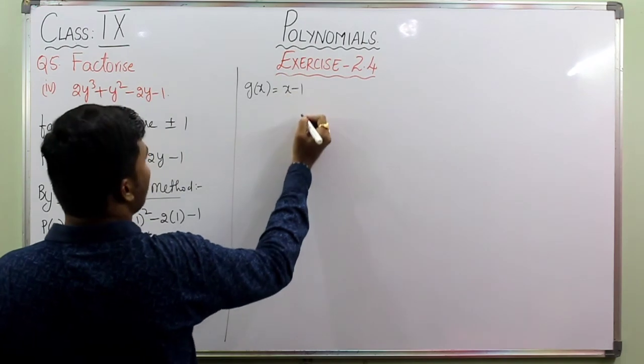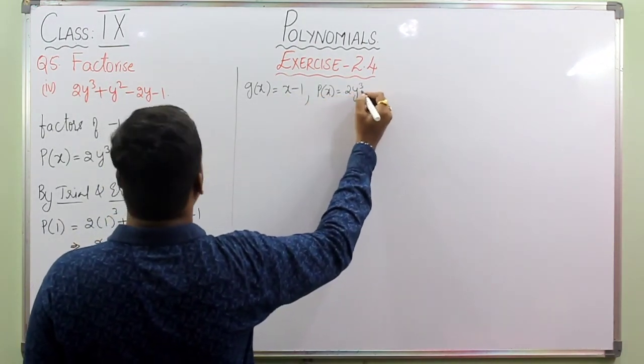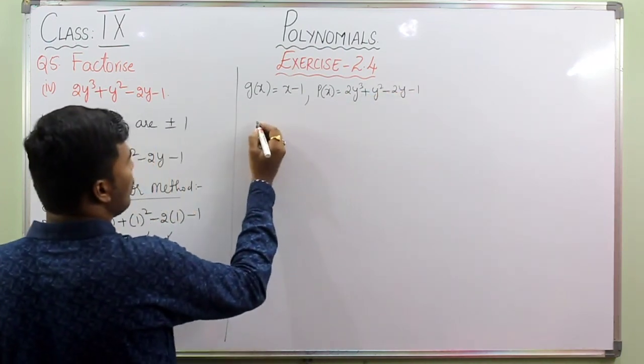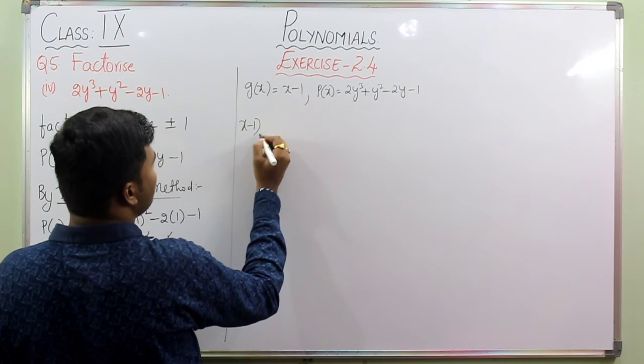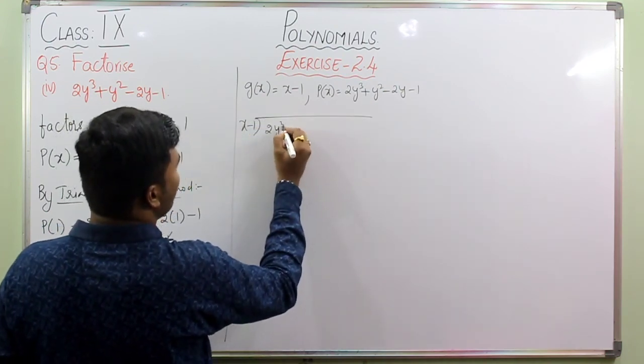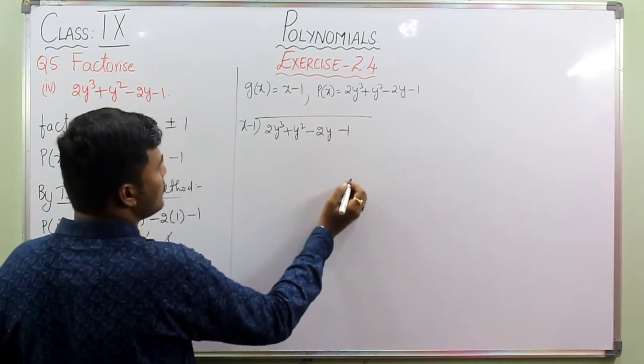g of y is y minus 1 and our p of y, we already have it as 2y cube plus y square minus 2y minus 1. So now let us divide 2y cube plus y square minus 2y minus 1 by y minus 1.